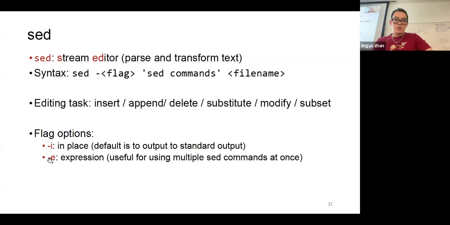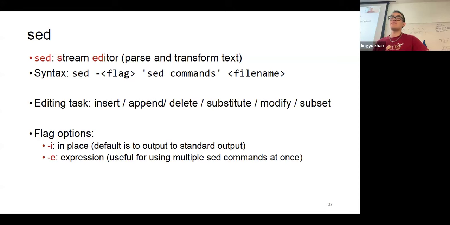Yeah, and before we do anything, there are two flags we want to learn. One is -i, which means in place. All of the changes that you make will happen in place, to that file. Normally the output goes to standard output, so it will be printed to our screen. However, if you add this -i flag, then the original file will be modified.